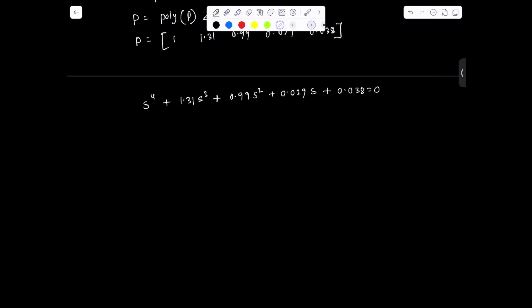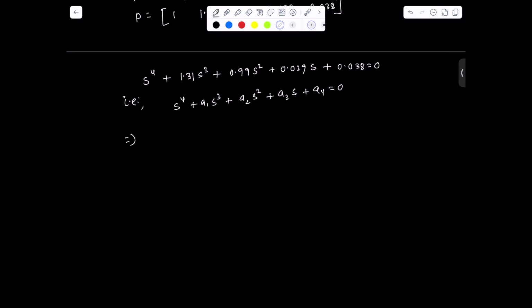Or if we write it in general form, we can write s to the 4 plus a1 s cube plus a2 s squared plus a3 s plus a4 equal to 0.